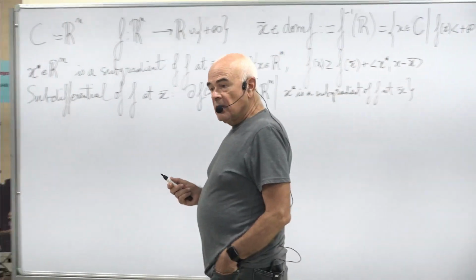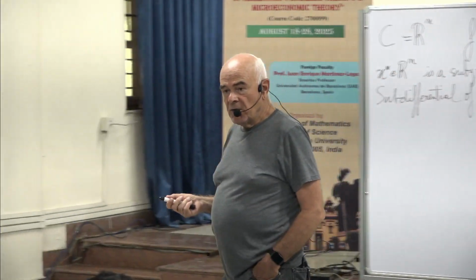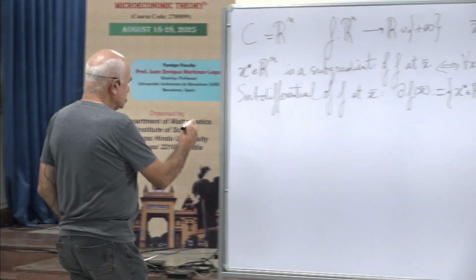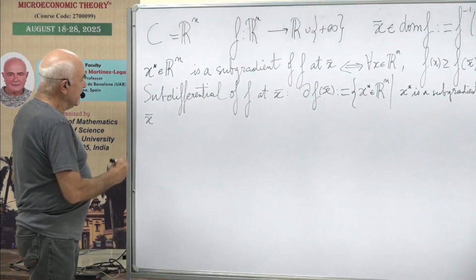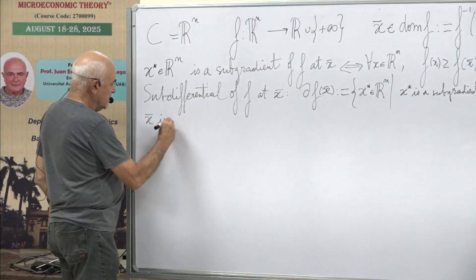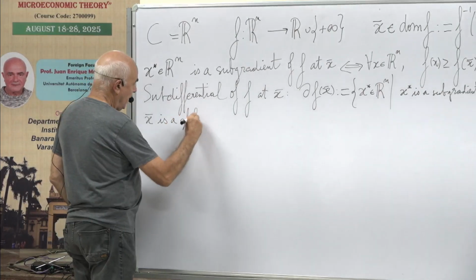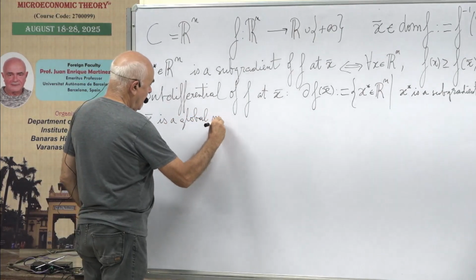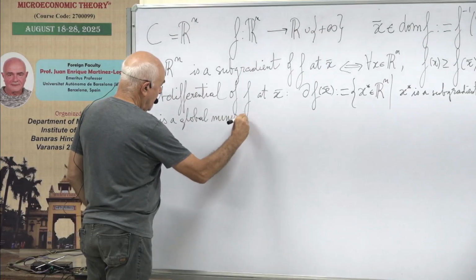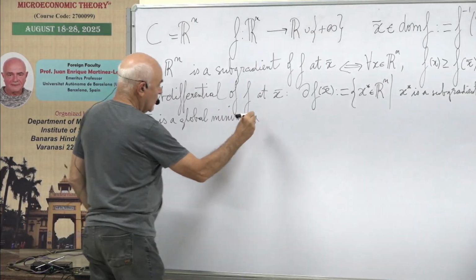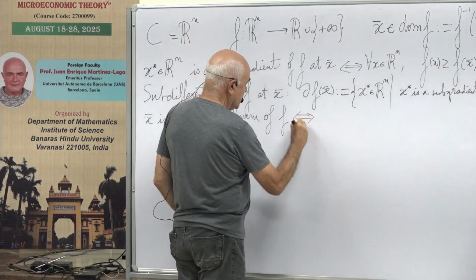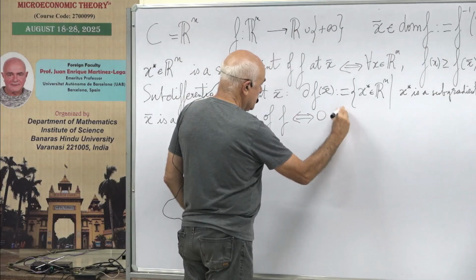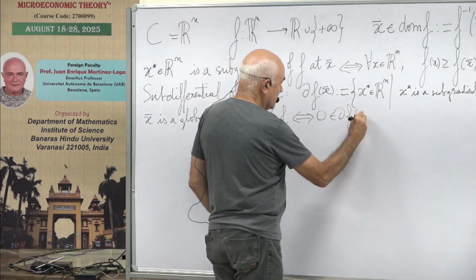Another very general result, which does not require any assumption, any convexity at all. x bar is a global minimum of f if and only if 0 is a subgradient at that point.